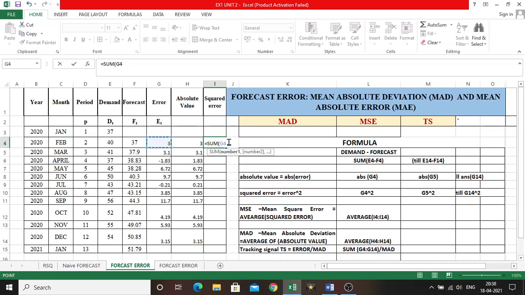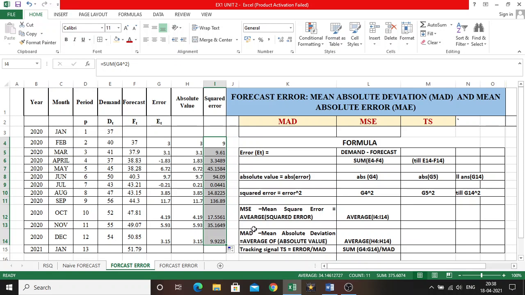So, it should be calculated one by one. So, G4, then press your shift key and press the number 6, so that you can find the exponential symbol on your keyboard. Then press 2, close the bracket. Now, this formula can be copied for other cells also by dragging your mouse. We got the squared error for the given data.